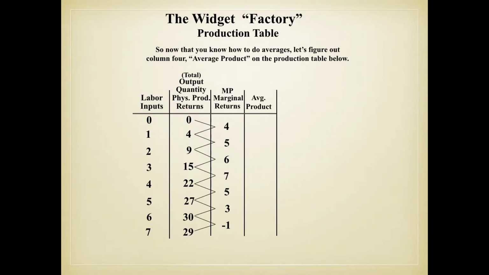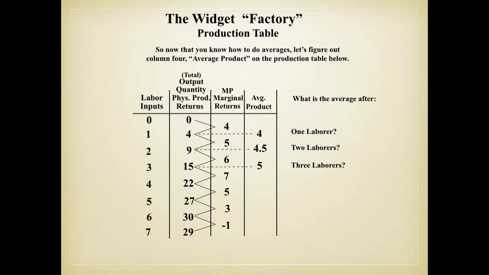So now that you know how to do averages, let's figure out column 4, average product, on the production table below. What is the average after 1 laborer? 4 divided by 1 is 4. 2 laborers. 9 divided by 2 is 4.5. 3 laborers. 15 divided by 3 is 5. 4 laborers.